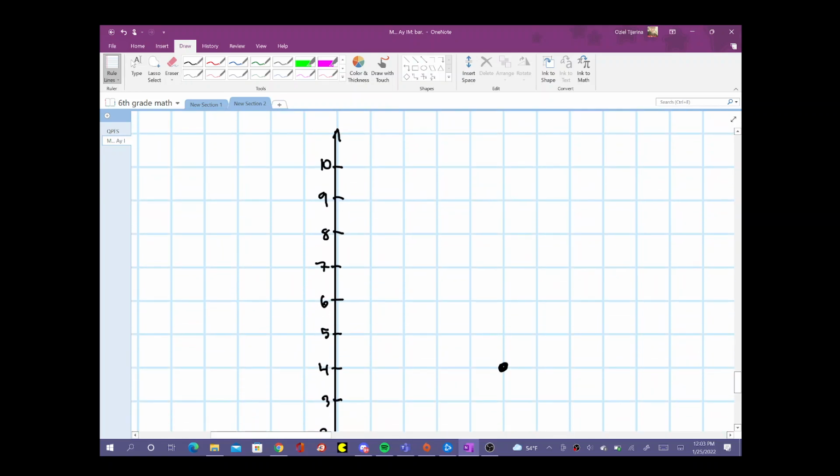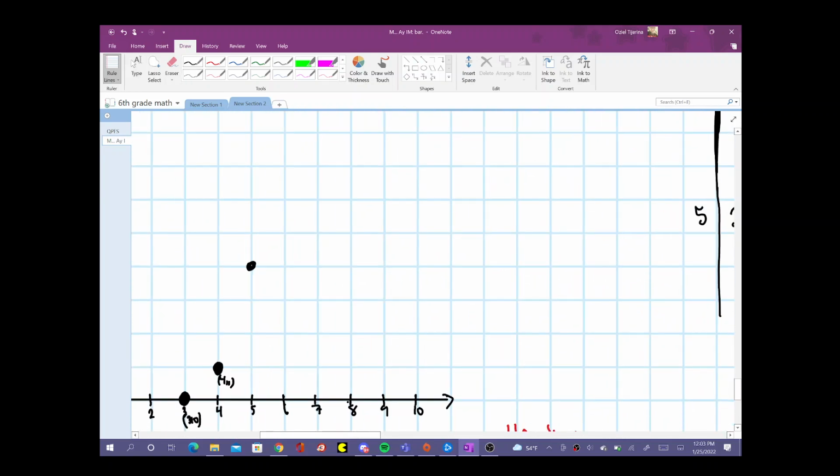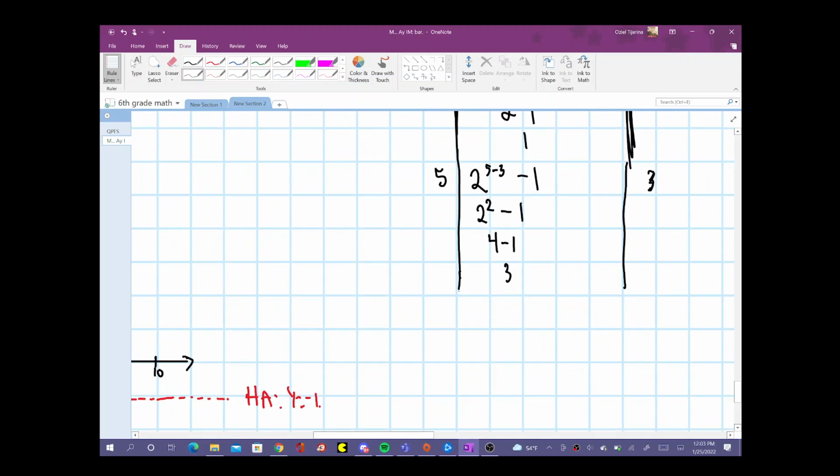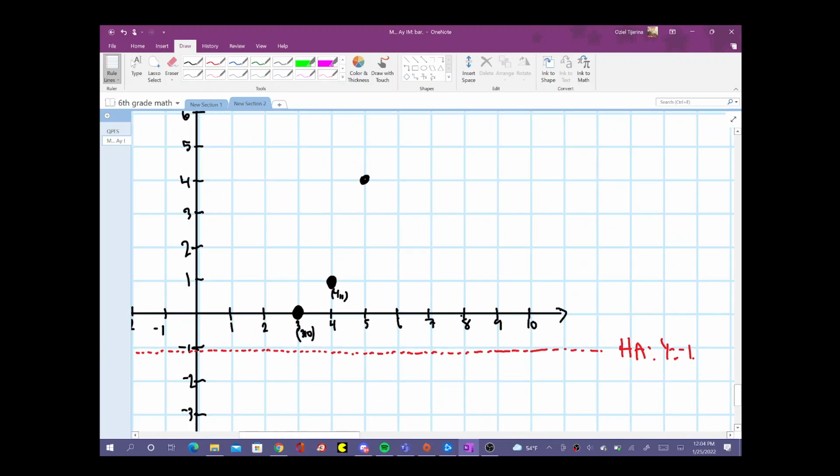And we can keep going until it goes even higher than 10. So when x equals 6, we can say 2^(6-3) - 1, which is equal to 2 cubed minus 1, which is equal to 8 minus 1, which is equal to 7, right? So when x equals 6, y equals 7. So we can plot that.